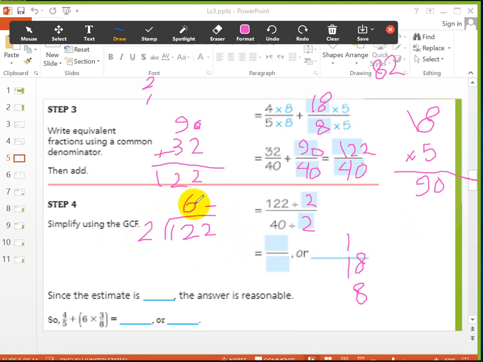Okay, 6 multiplied by 2 equals 12. Now subtract, and take the 2. 2 divided by 2 equals 1. So the number is 61. And 40 divided by 2, very easy, 20. Okay?